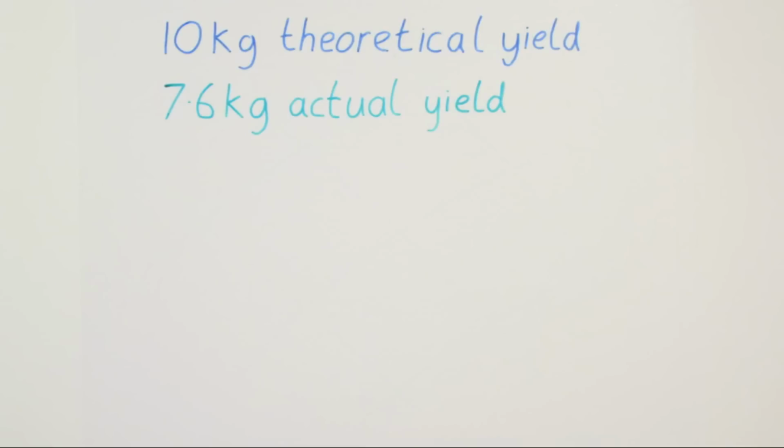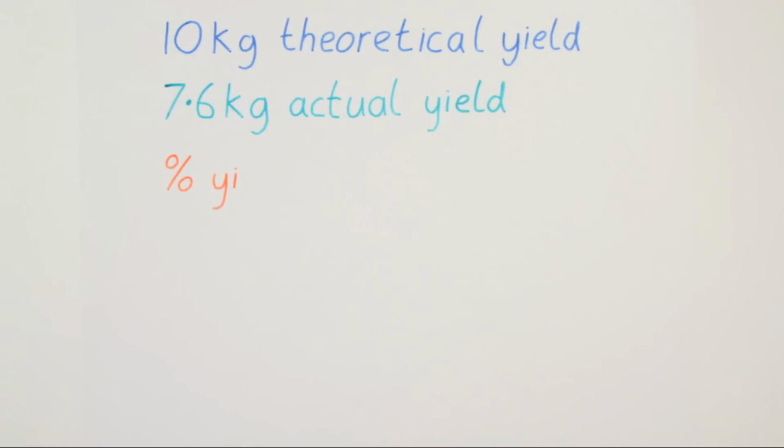Let's look at an example of calculating percentage yield. In a question, you'd be given information about the theoretical yield of a reaction, that is, what the yield would be, what the output would be basically, if all the reactants turn into products. And you'd also be given information about what the actual yield would be. So let's take as a simple example that we have a theoretical yield of 10 kilograms and an actual yield of 7.6 kilograms.